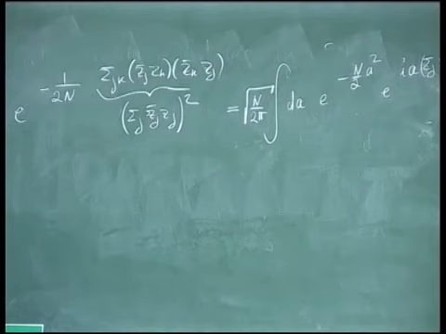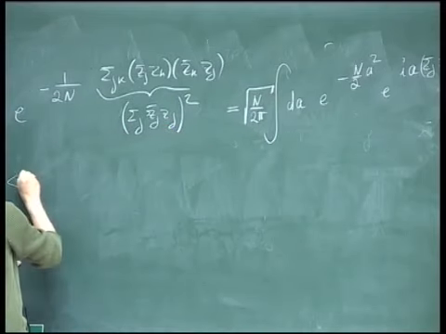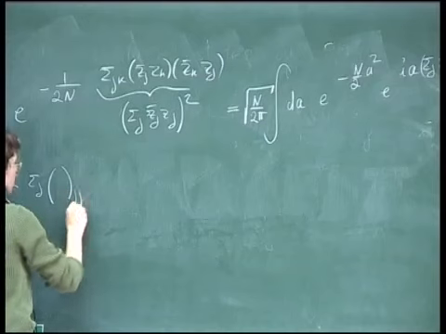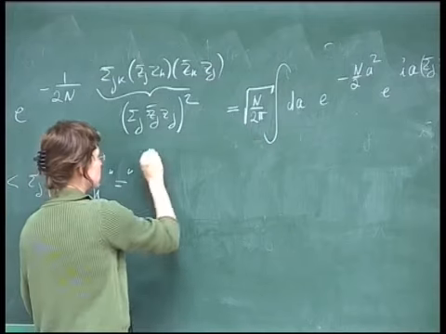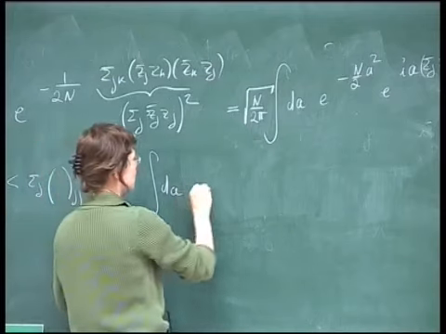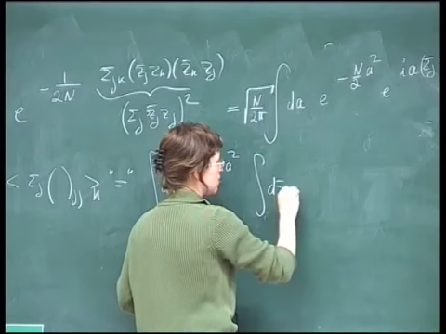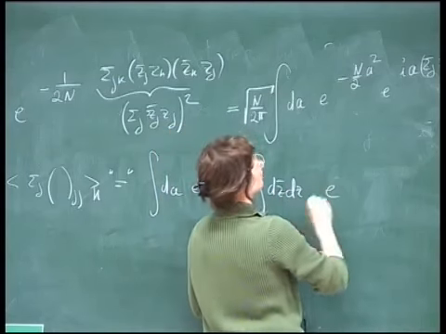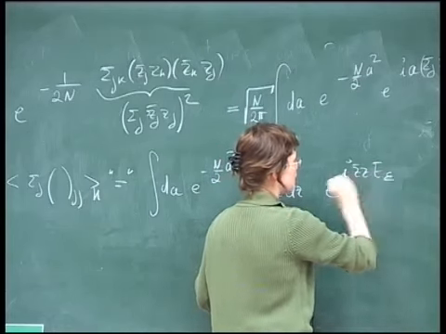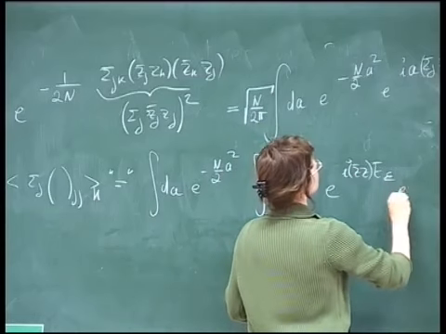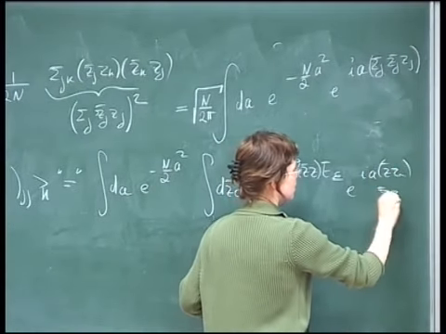Okay. Now I can take this integral outside and we get that the sum over j, the average over h, is more or less equal to the integral over dA, and here we have the integral over dz bar dz exponential I z bar z e epsilon, and here we have I a z bar z times the observable.